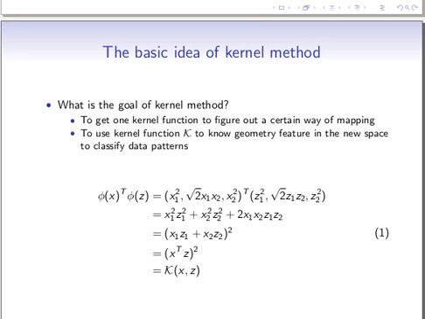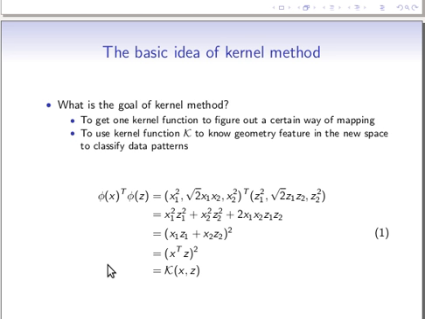Okay, what is the goal of the kernel methods? Sometimes people may not know the exact feature mapping function phi that maps the data from one space to another. How can we figure out the geometry features, such as the distances and angles among data in the new feature space, which can help us to classify the data?